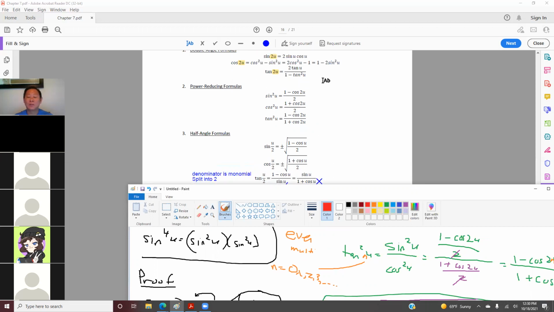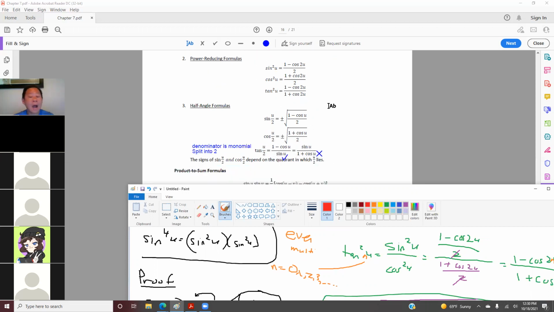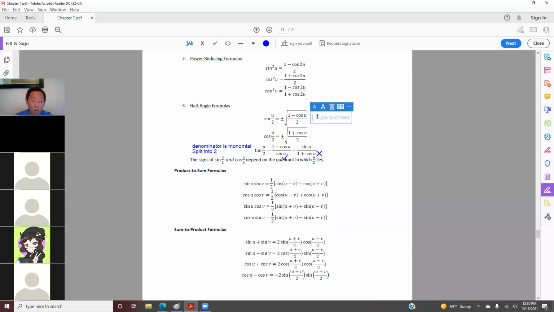So these are all related to one another. However, you need to be careful with this one because you have plus and minus signs. You only pick the correct plus or minus depending on where u over 2 lies.